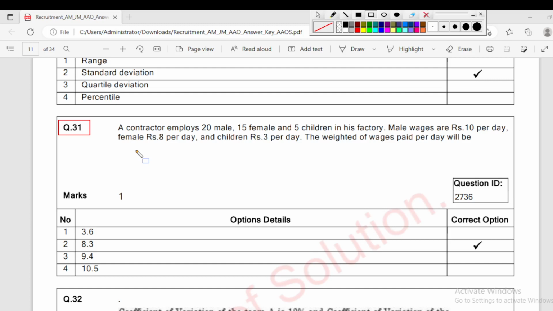The weighted average wage paid per day will be: option 1 3.6 rupees, option 2 8.3 rupees, option 3 9.4 rupees and option 4 10.5 rupees. Option 2 is correct. Rupees 8.3.